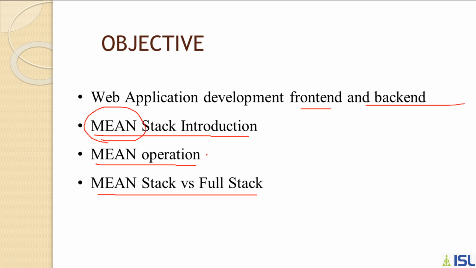Then I showed you the operation, how AngularJS, Express, Node.js, and the MongoDB database work, and we saw MEAN stack versus full stack with the help of an image. I showed you a little bit of clarity.